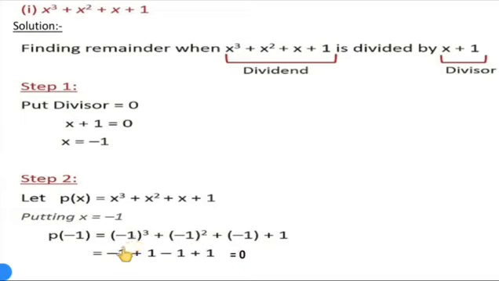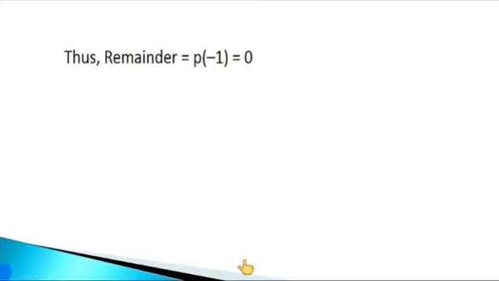Minus 1 cube we get minus 1, and minus 1 square we get plus 1, and minus 1 plus 1. So here minus 1 plus 1 cancels and minus 1 plus 1 cancels. We remain with 0. That means p of minus 1 is 0. The remainder p of minus 1 is 0.